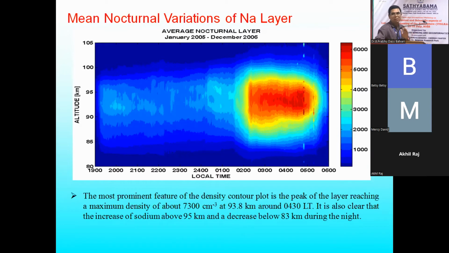Throughout our two years of data, we observed a higher sodium concentration in the early hours than at other times. Why is more sodium observed during the early hours? Still, it is not understood. We are still in progress. We have to find out.